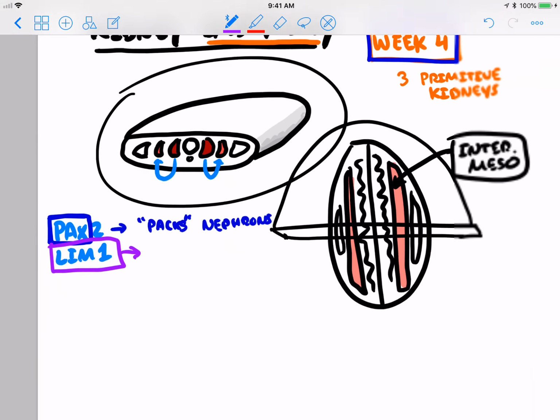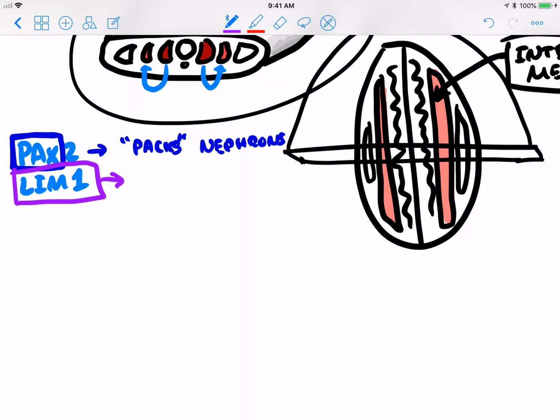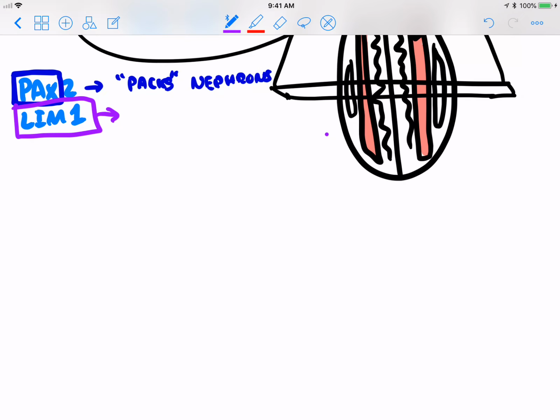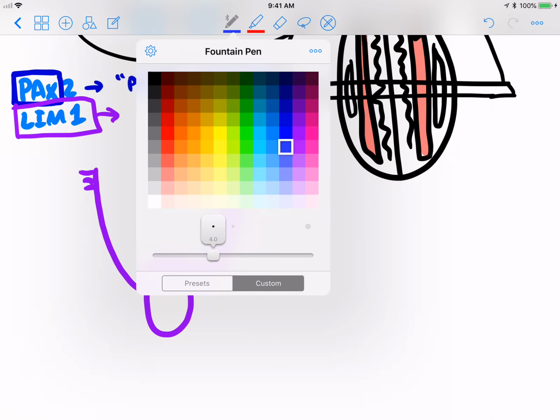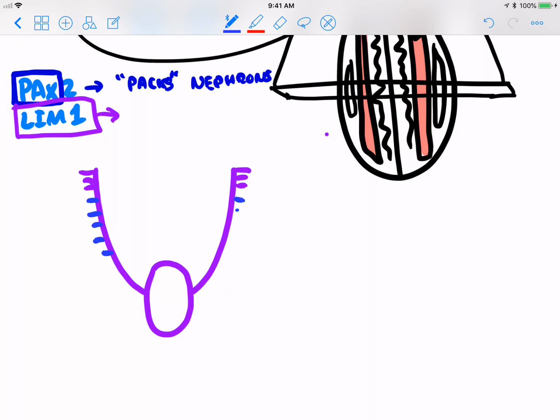LIM1 kind of makes the nephric duct, which if we're looking at, let's just say that this is our bladder down here. This is the pronephros up here. This is, I'll put it in a different color, the mesonephros over here.